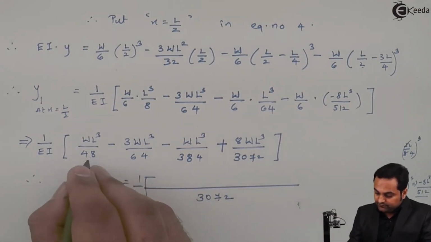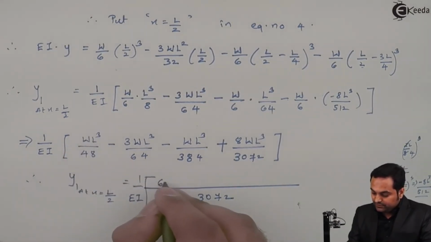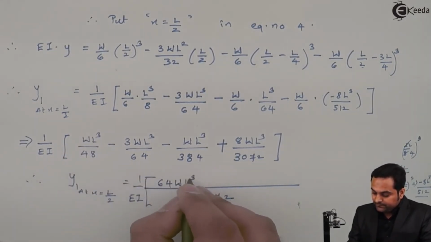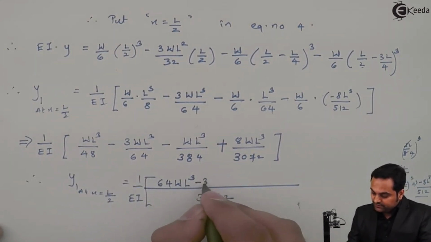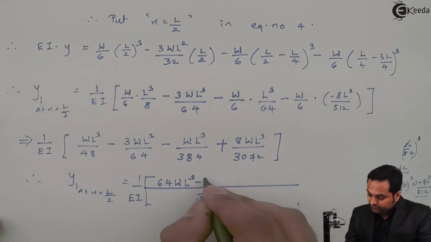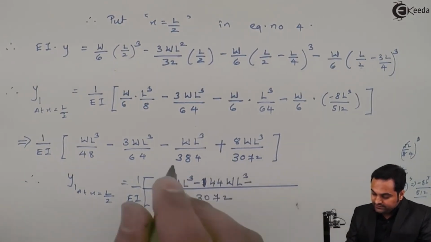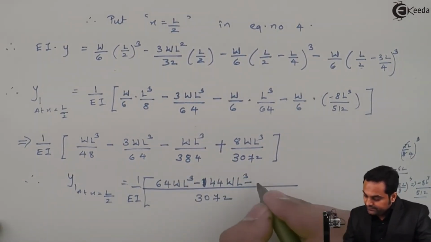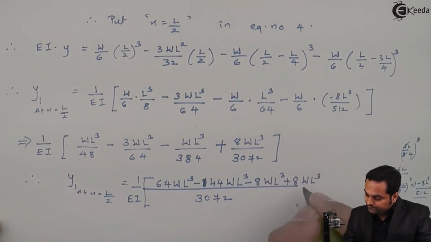So we have this 48, to make it 3072 multiply by 64. Similarly in the numerator, next here I have 64, so here this will be minus 3 into 48, that is 144 WL cube minus 8 WL cube plus 8 WL cube.